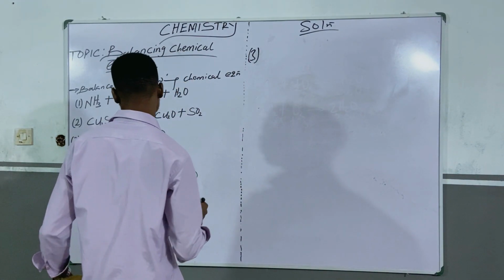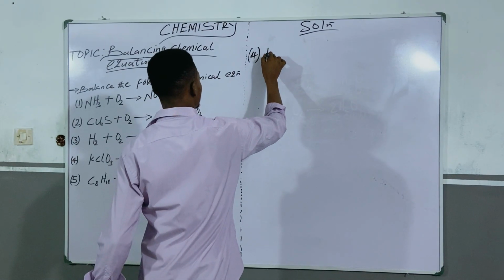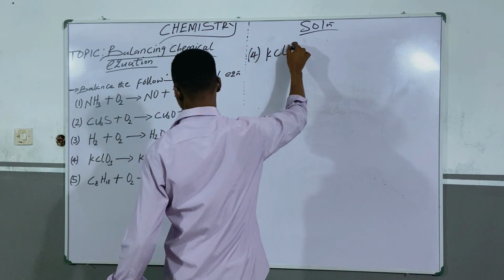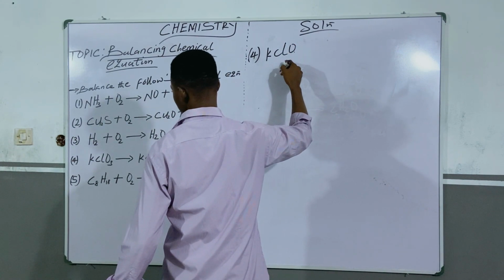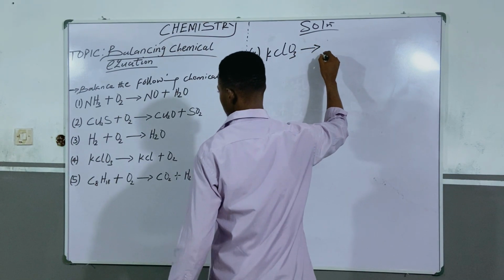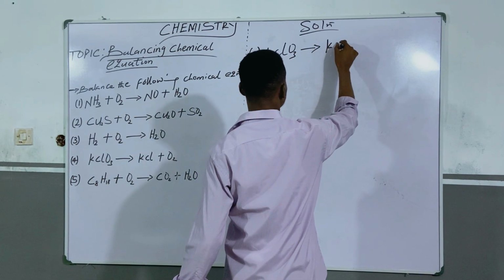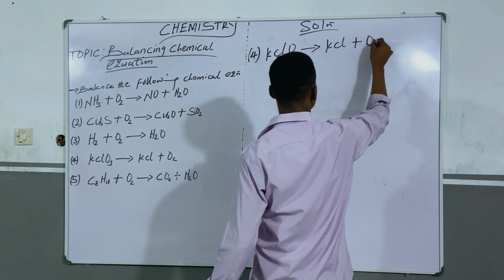In question number 4, we have potassium trioxochlorate, which, when it decomposes, will give us potassium chloride, KCl, plus oxygen.